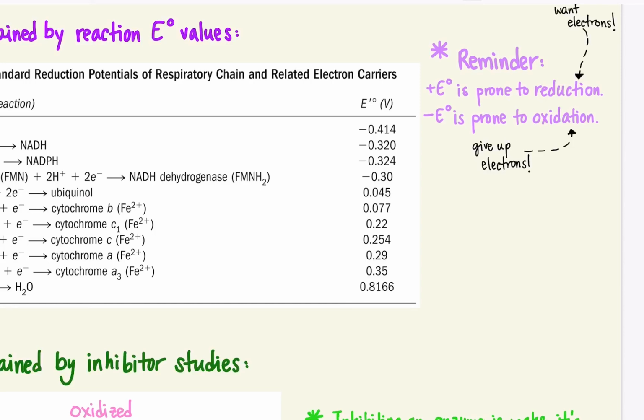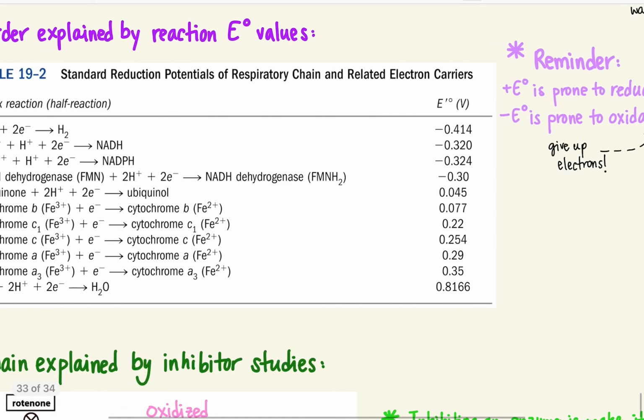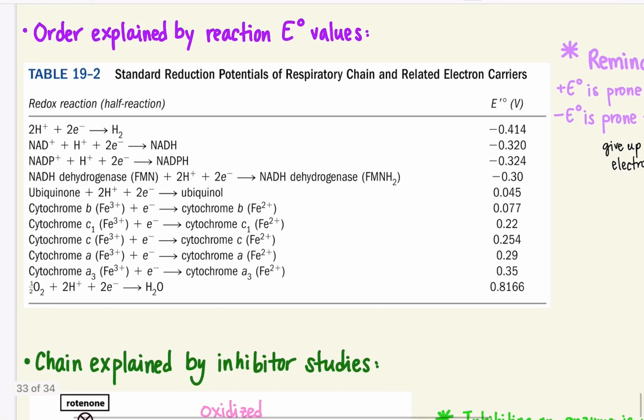So with this in mind, researchers looked at the E values of the molecules and proteins in the ETC. And they figured out that there is some kind of order and some kind of sequential way that they can order these complexes.